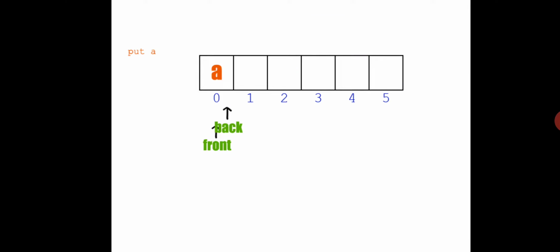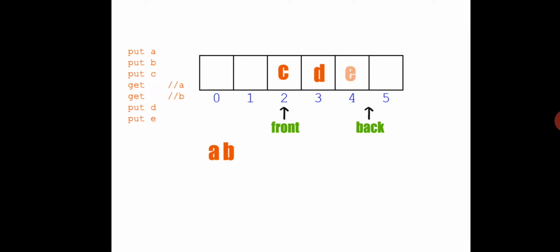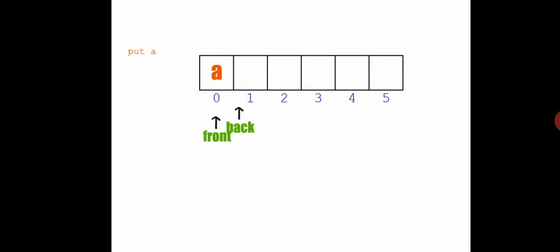Now see this diagram. Here the back is the rear. Using the back we can add elements, and the back keeps incrementing. When you delete, the front also increments. Once it reaches the end, we can set the back to 0. This is the working mechanism of a queue. Once we initialize, after the back reaches n minus 1, the queue is full.